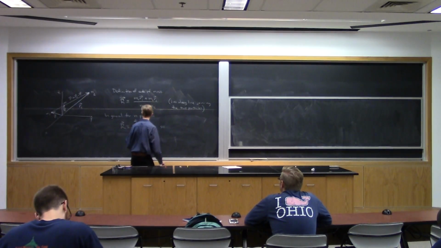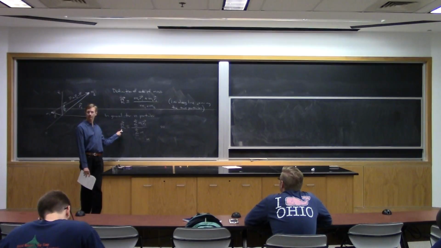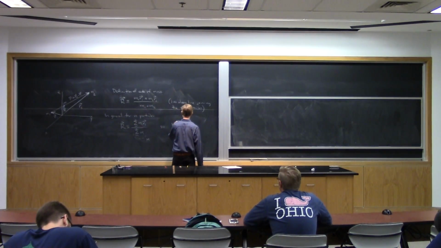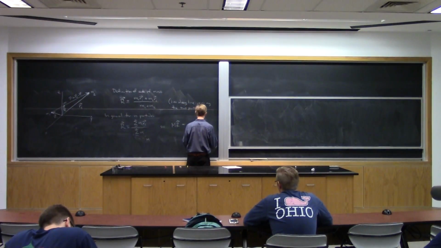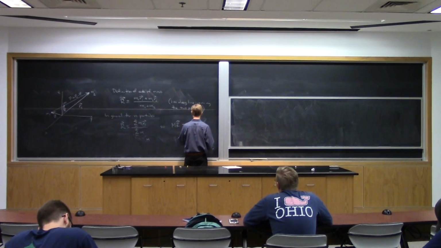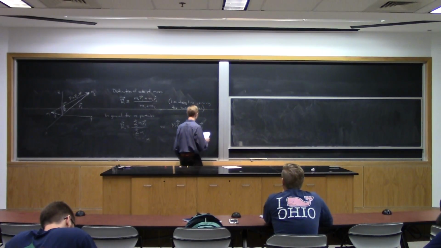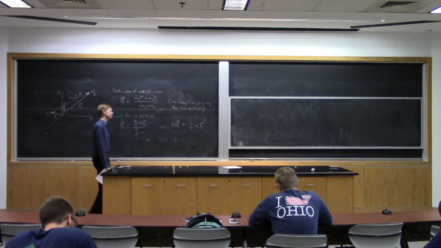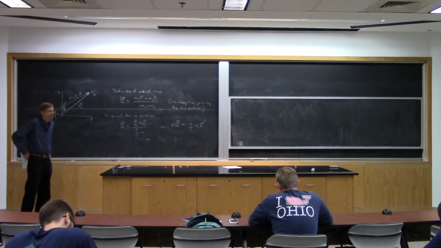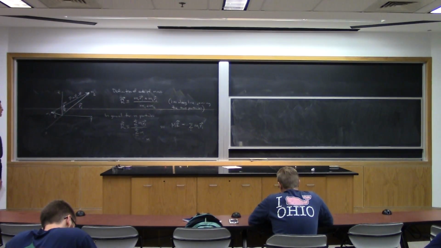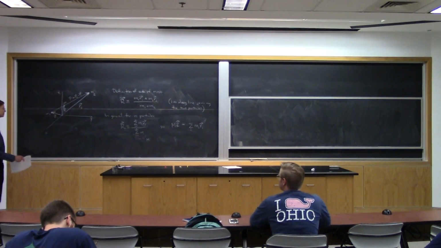Then this says that capital M times R of the center of mass is equal to the sum of the miRi. And it gets tiresome to keep writing the sum from i equals 1 to n, so from now on we'll just write sum i for the summation over i. It's understood it goes from 1 up to the number of particles in the system.